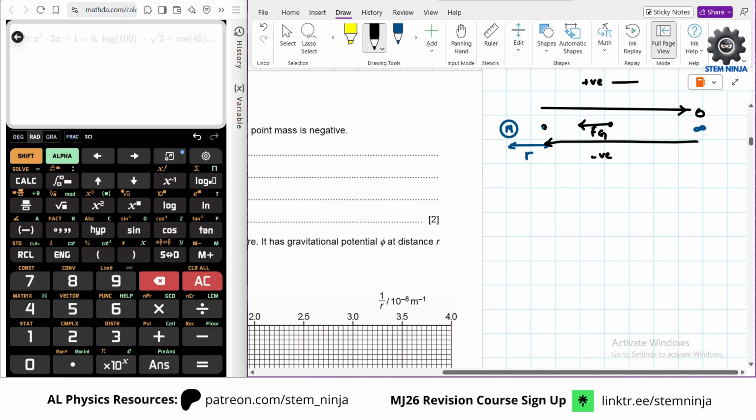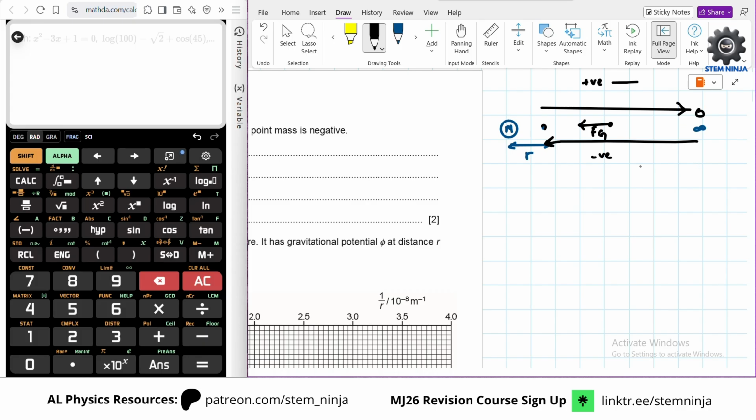So you are doing work against gravity to raise the potential energy. However, potential at infinity is 0, so all the previous work that you have done is still negative, because you're working against gravity.